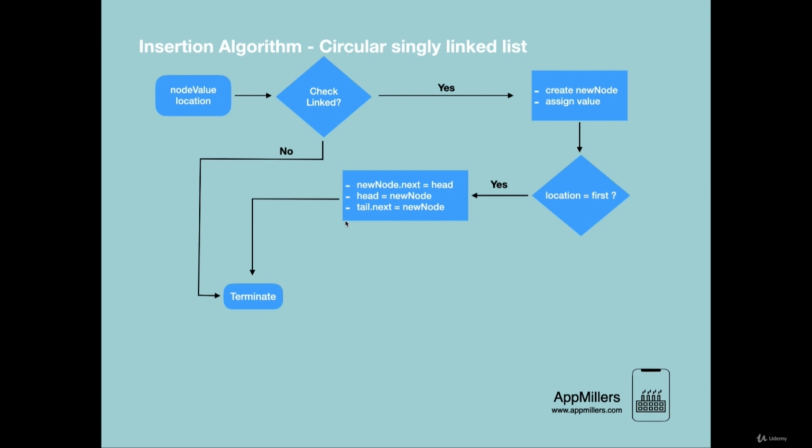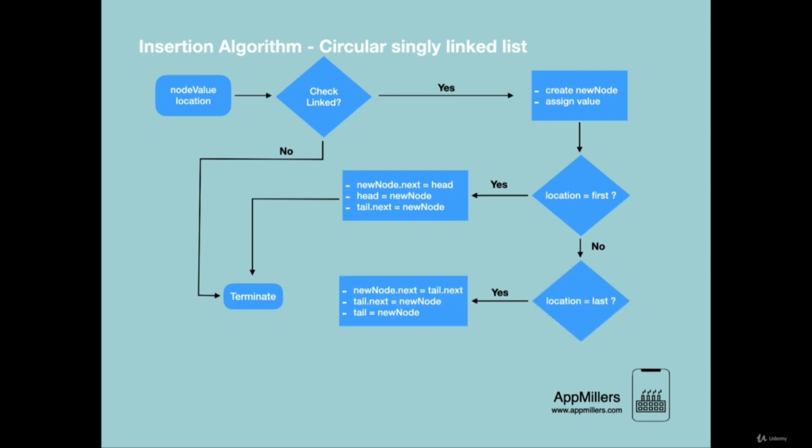Then we continue to the next condition, in which we check the location parameter again. If the location parameter is equal to last, it means that we want to insert a new node at the end of the circular single linked list. In this case, all we have to do is create a reference from the newly created node to the first node. We know that tail's next reference now points to the first node, so we update the new node's next reference to the first node.